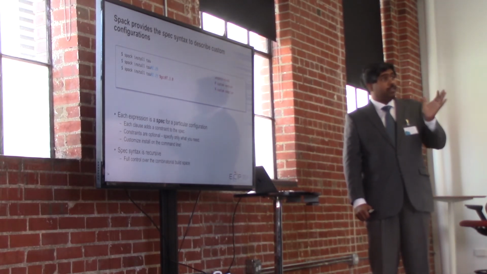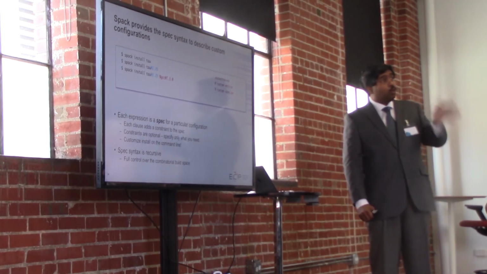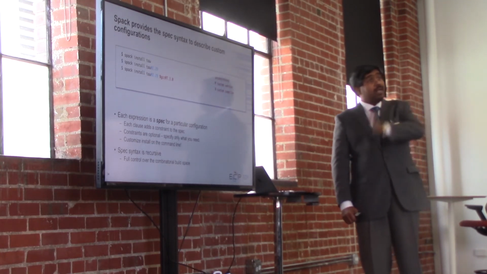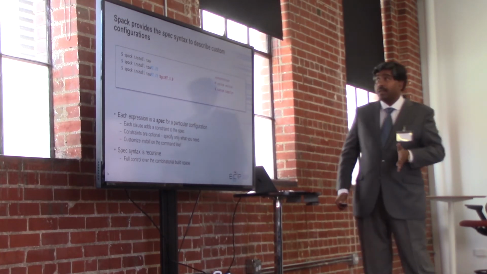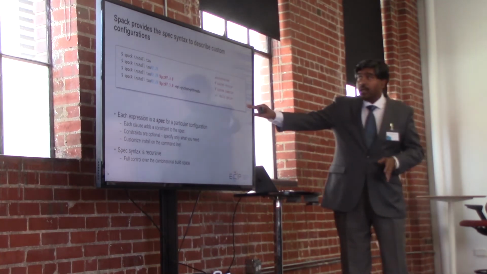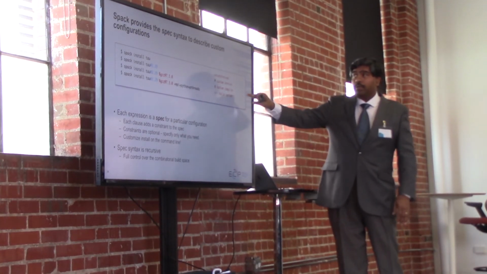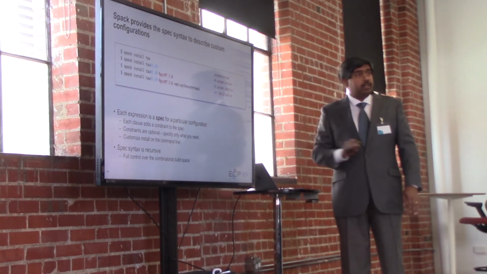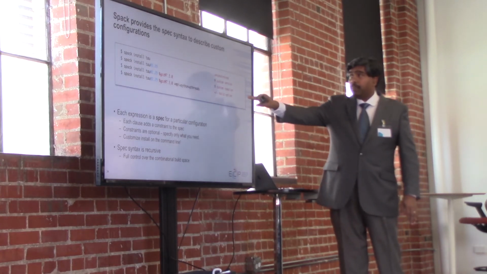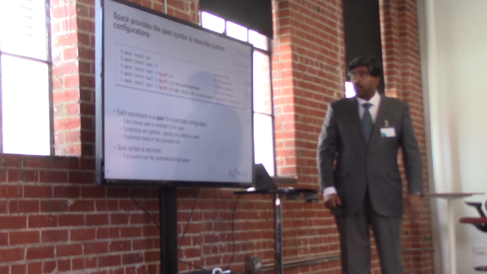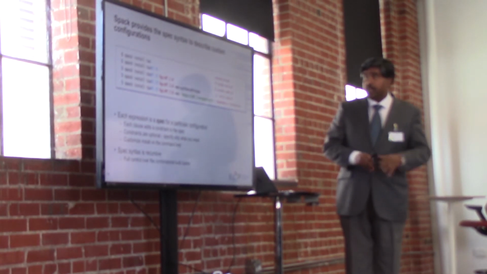That's a key difference. And it can install from source as well as install from binaries. Okay? You can say SPAC install tau with MPI, with Python and pthreads, and it will give a plus minus variants.